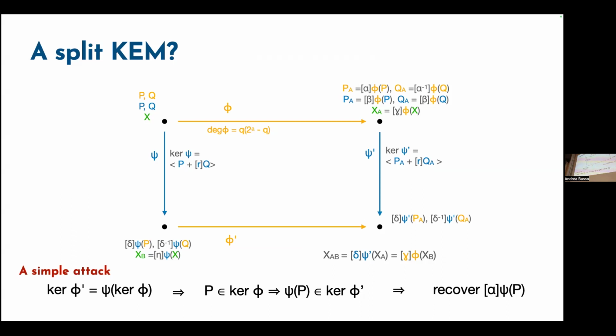And this is not ideal because if we can do this multiple times with linearly independent points, then we can actually recover psi of p and psi of q without the scaling.